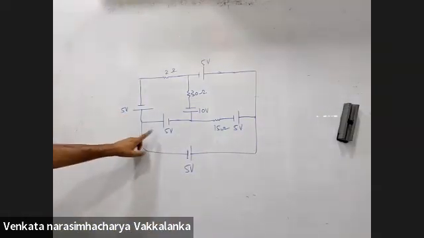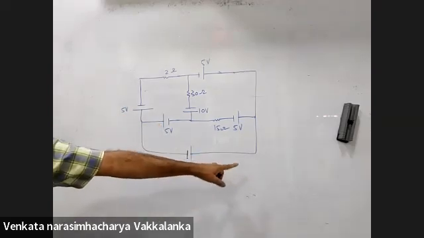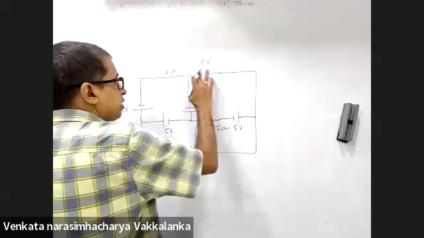This positive terminal is below this positive terminal at the left, this positive terminal to the right. This is 5 volts, positive terminal to the right, 15 ohms, 30 ohms, 5 volts.